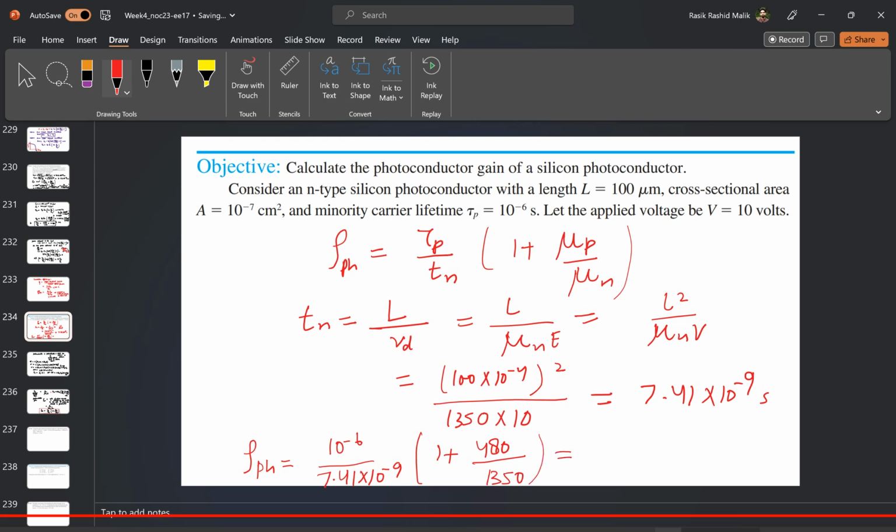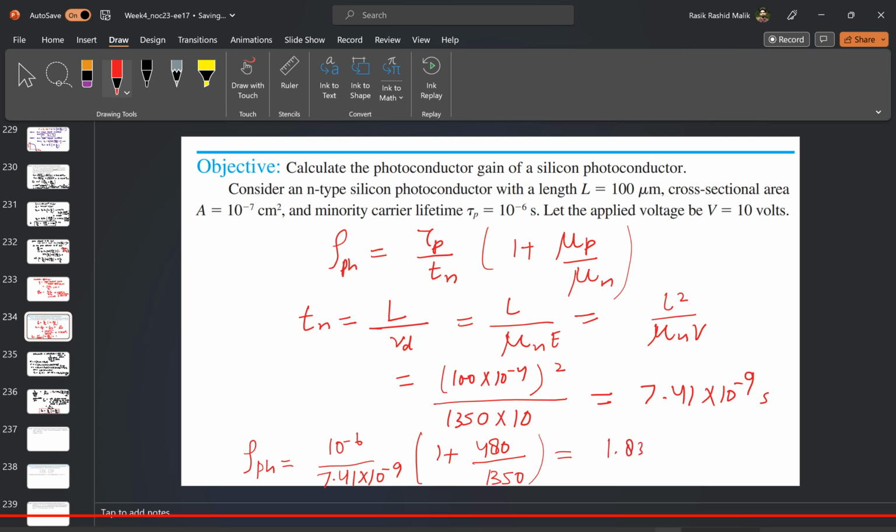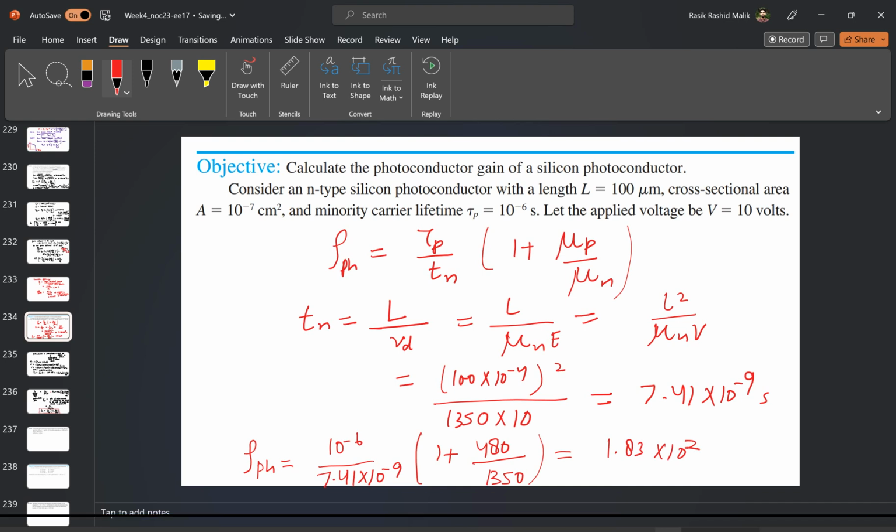So let me calculate this value. It is coming out to be equal to 1.83 into 10 power 2. You should not be surprised about this type of gain in a photoconductor. Photoconductors usually have these high values of gain.